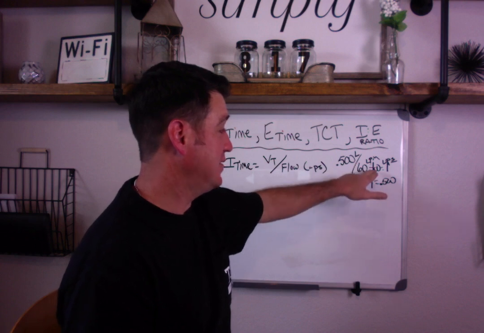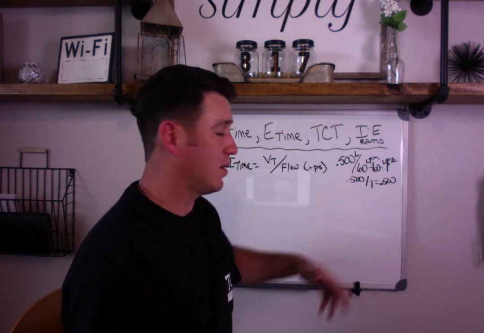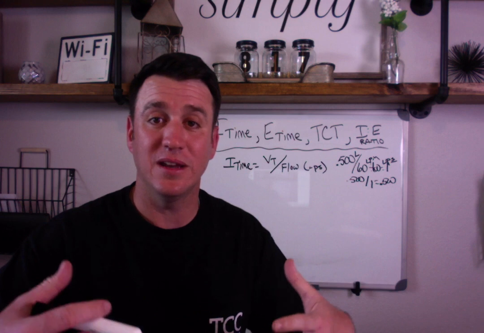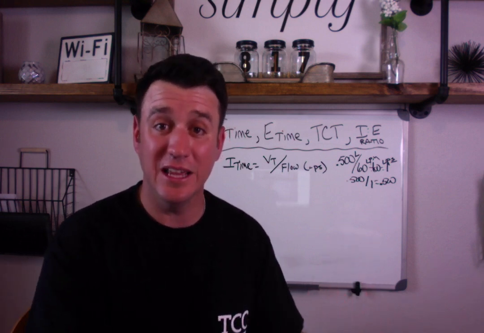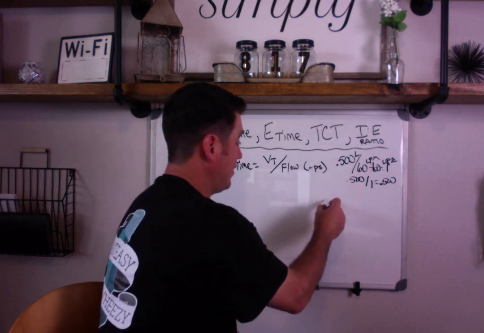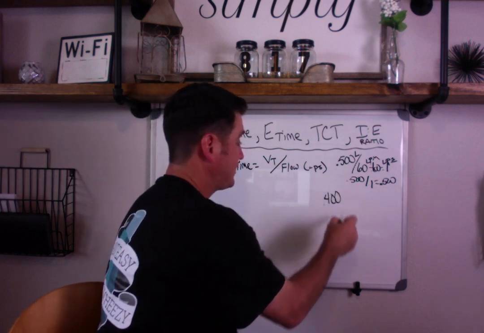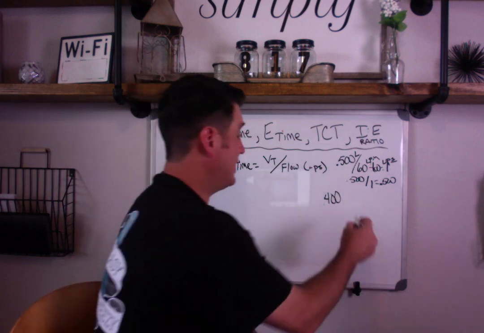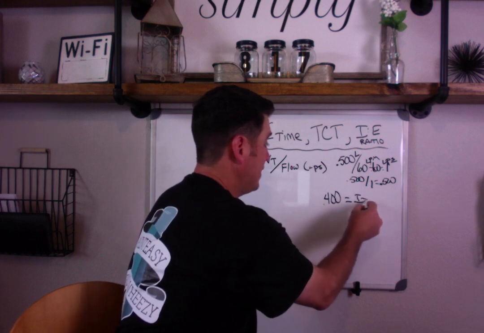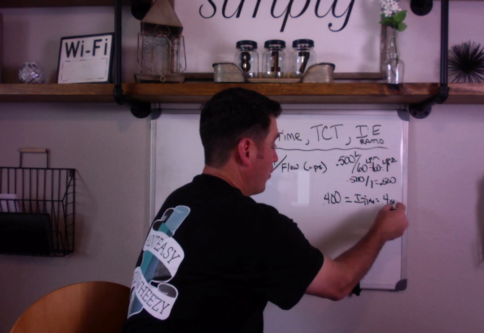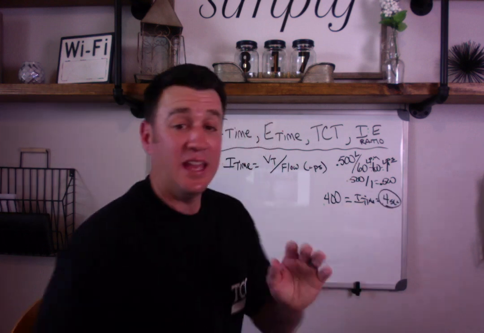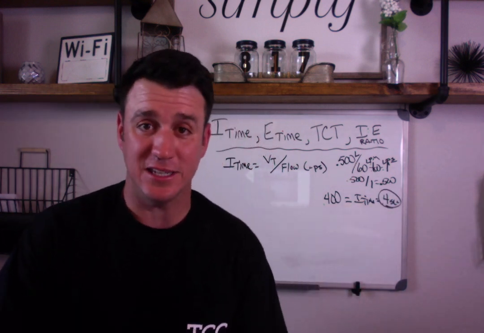Flow of 60 divided by 60 gives us 1, so our I time is 0.5, just like our tidal volume is 0.5 liters. If we're on a tidal volume of 0.400, okay, then our I time will be 0.4 seconds if we're on a flow of 60.